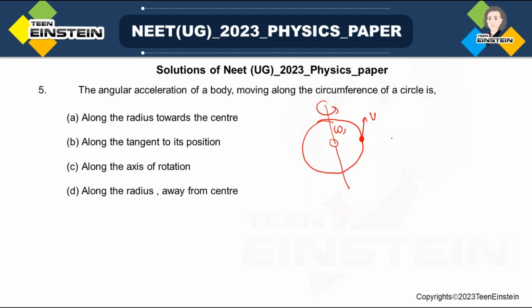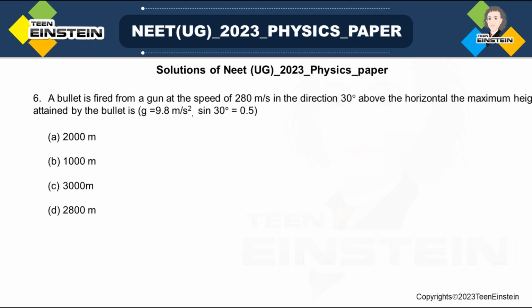So angular acceleration will be along the axis of rotation, and here you can apply the thumb rule as well to find out the direction. Sometimes if you have a current loop like this, in that case also, along the axis of rotation, the angular acceleration will be along the axis of rotation. So we'll go to the next problem.